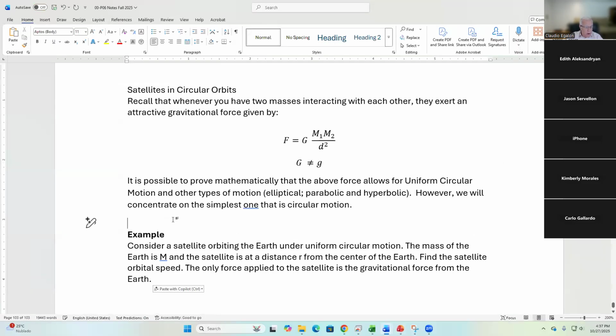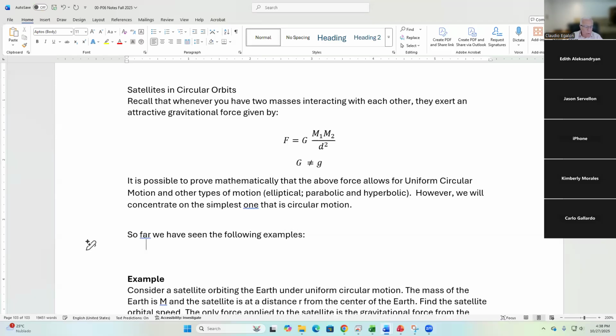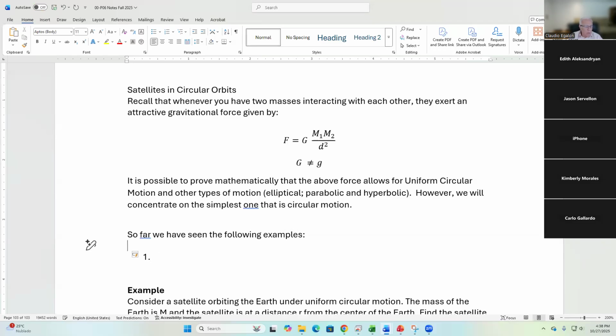So far, we have seen the following examples that use a centripetal force.